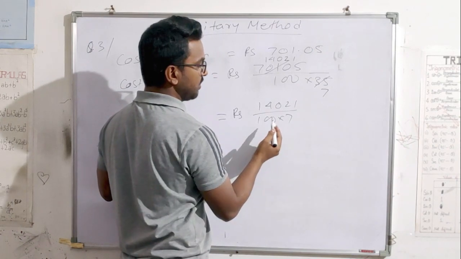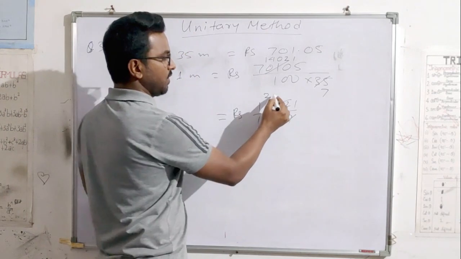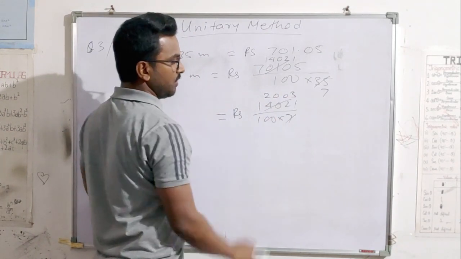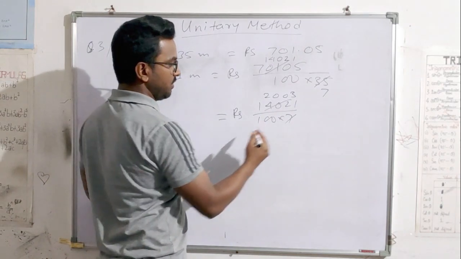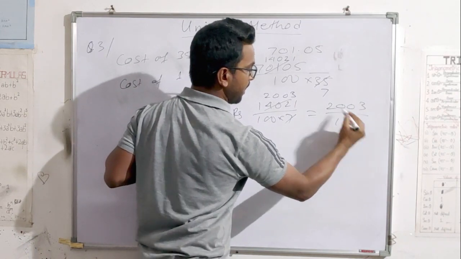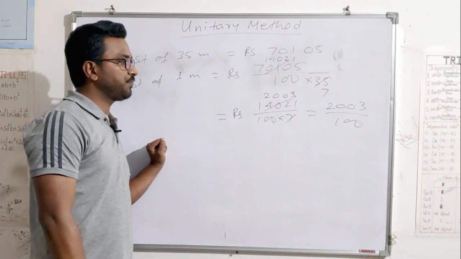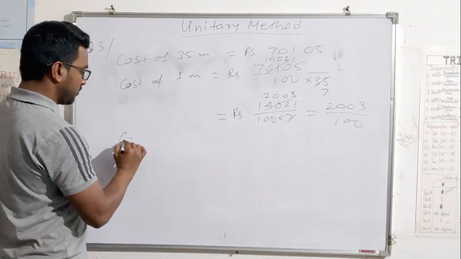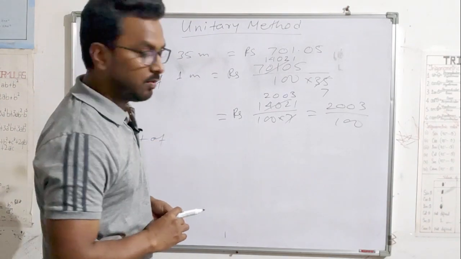Again you can cancel it. 7 twos are 14, 0 is here, 7 zeros, 3. So we'll get 2003 by 100. So it will be 2003 divided by 100. Now we have to find the cost of 18 meters.